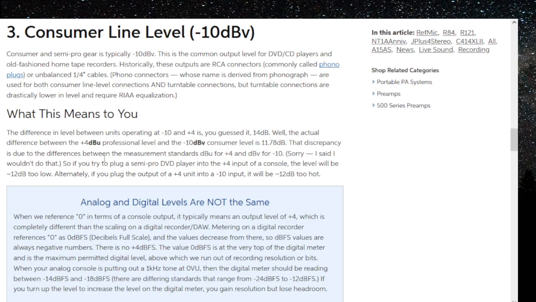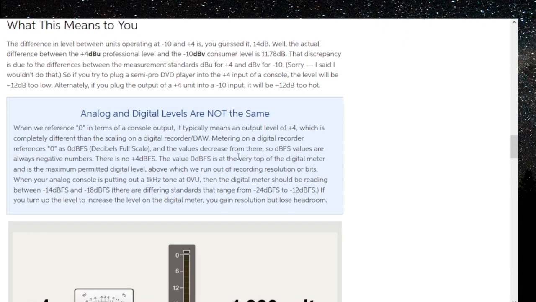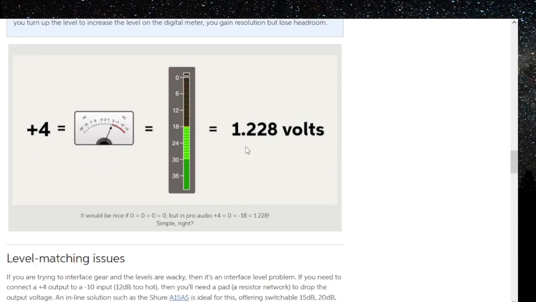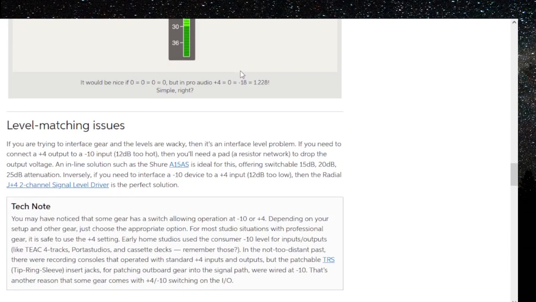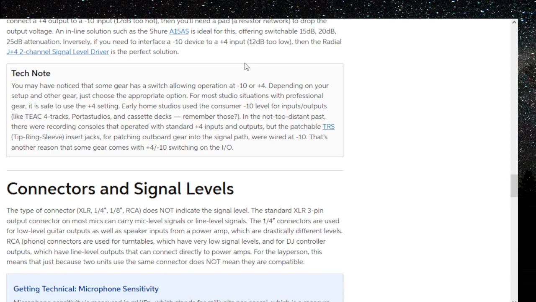That discrepancy is due to differences between the measurement standards, etc. And now they're talking about analog and digital. We don't need to get into that. So 0 dB for the pros is 1.228 volts. For us consumers, 0 dB, I thought it was 700 and some odd millivolts.